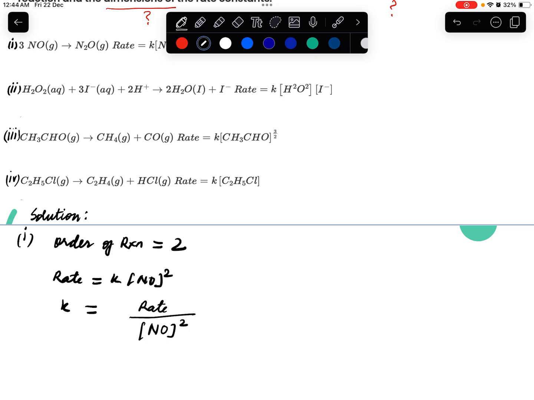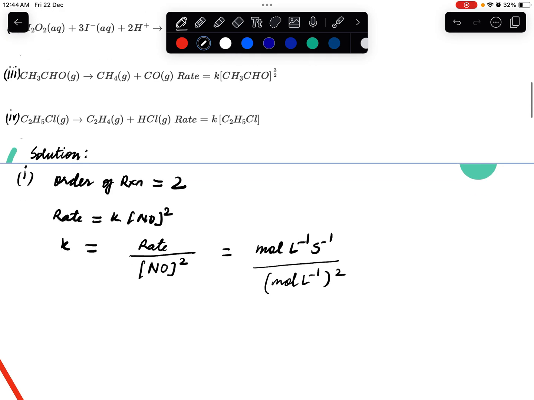Now dimension of the rate is moles per liter per second, and for your concentration we write in moles per liter, and we will put 2 here. So what will we get as the answer here?